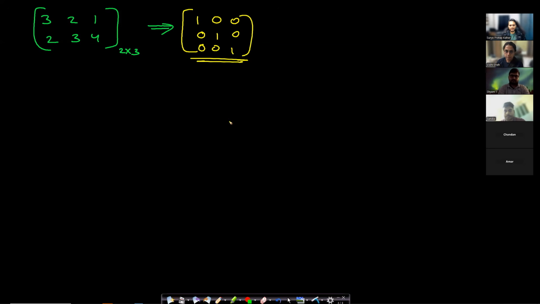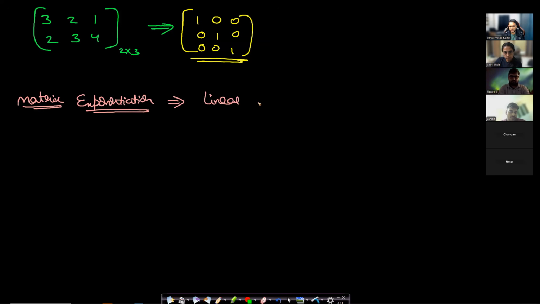Now, matrix exponentiation use case, the most important part. Never use matrix exponentiation anywhere else except where I'm saying: it is applicable for linear recurrence relations. I'll tell you what all things are linear recurrence relations and how to solve them.